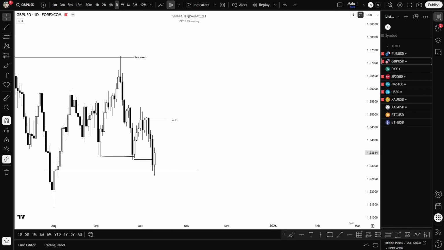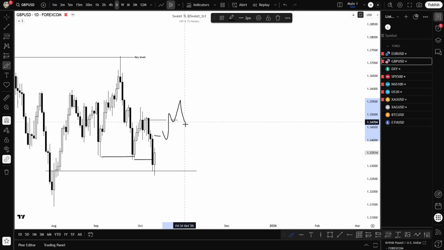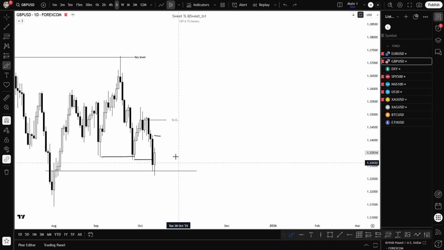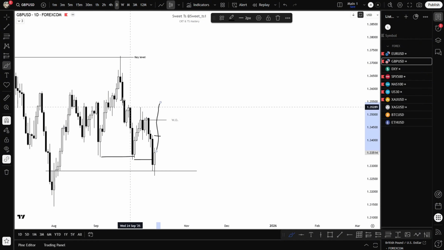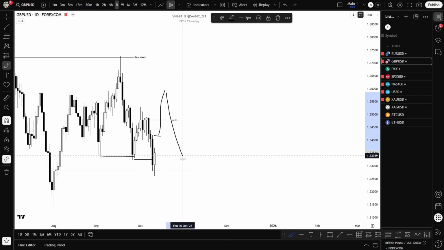So wherever we're going to reverse here, if we reverse from here, we're going to do the model 1, then we start creating the highs, dropping until the DOL. Or if we are bearish, right, we don't know, right? Sometimes the market is just going to take these highs and then reverse.